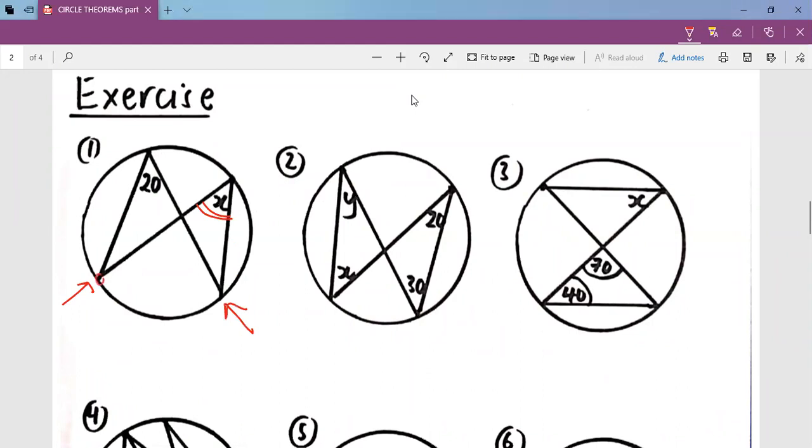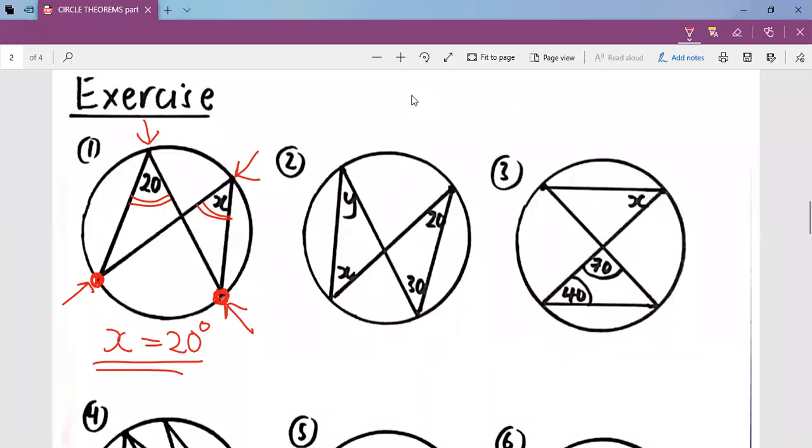So these 2 corners which are forming X at this circumference, they are also forming 20 at the circumference there. Basically, the law says these 2 will be equal, therefore our X will be 20.